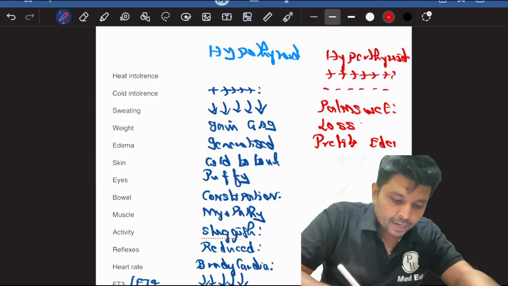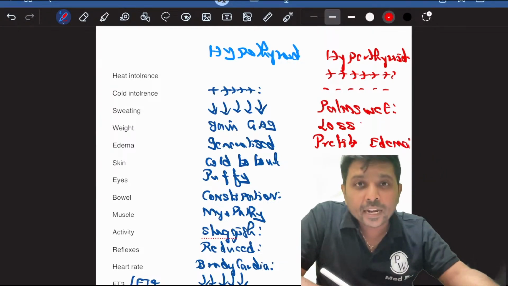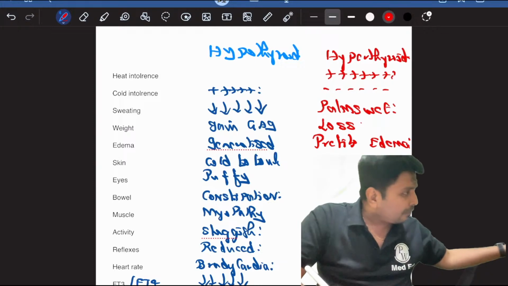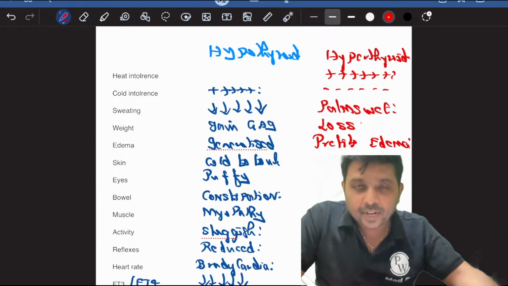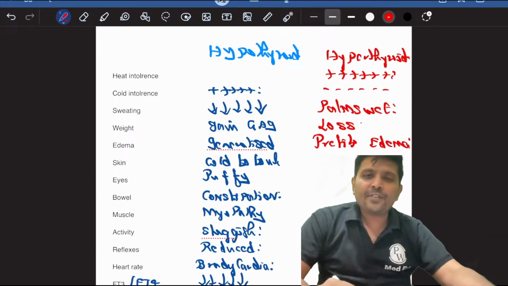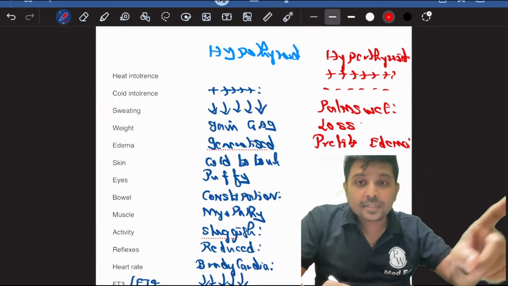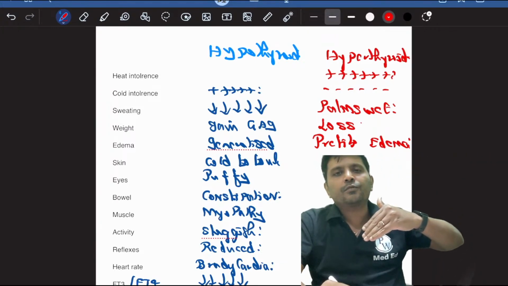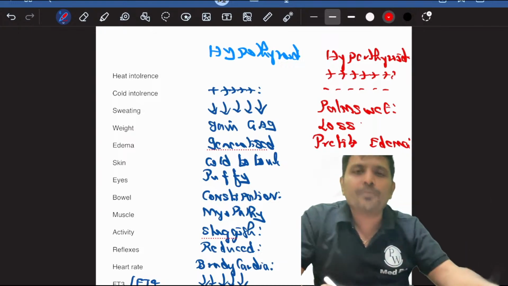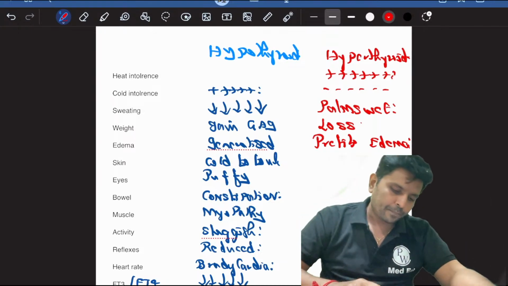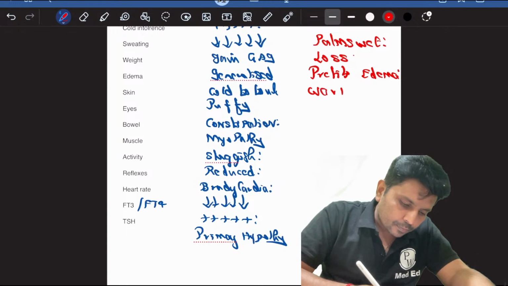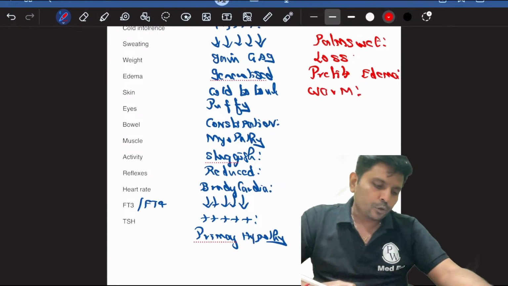That is, edema will be present only over the tibia. Generalized edema is a feature of hypothyroidism, whereas pretibial edema is a feature of hyperthyroidism, particularly Graves' disease, not due to the toxic phases of Hashimoto's thyroiditis. Okay, then skin will be warm to touch.